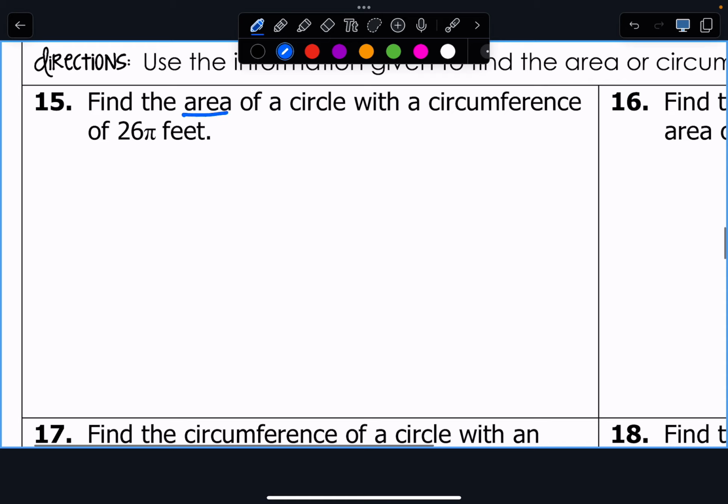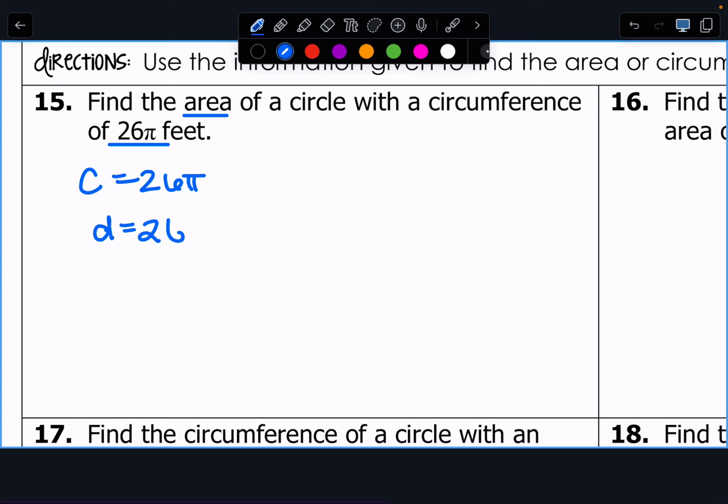I want the area of a circle with a circumference of 26 pi feet. What do we have to do first? We have to find the radius. If my circumference is 26 pi, what's our diameter? Diameter would be 26, which means our radius would be 13, right?